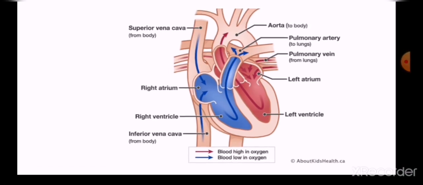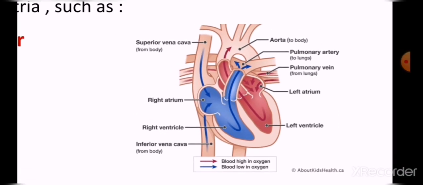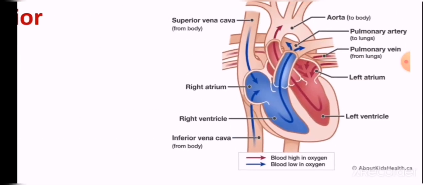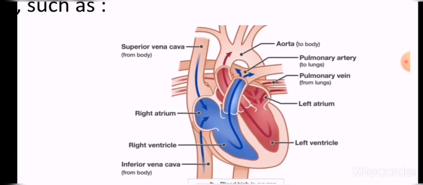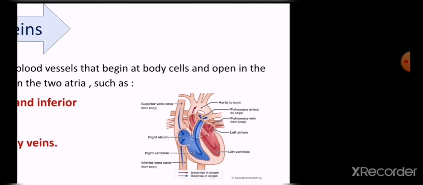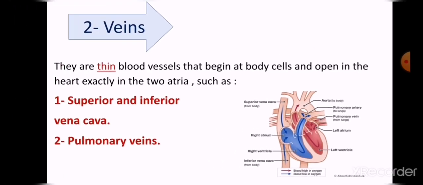The superior and inferior vena cava transport the blood from the body cells to the two atria, and also the pulmonary vein. Look at this picture here, the pulmonary vein. So we have 2 examples about veins: the superior and inferior vena cava and the pulmonary veins.